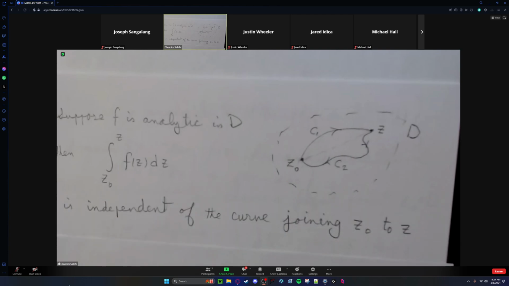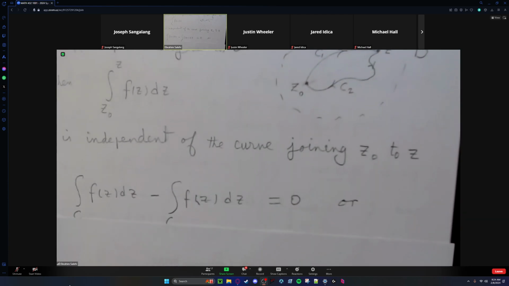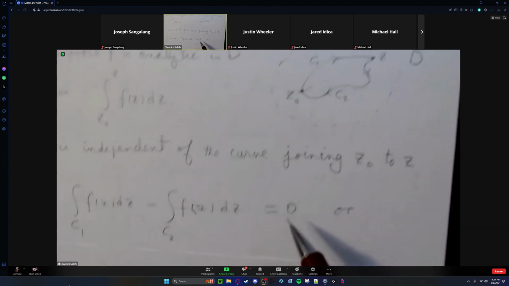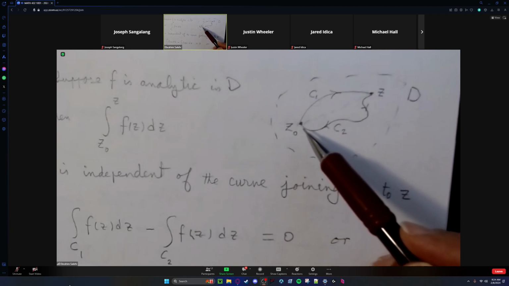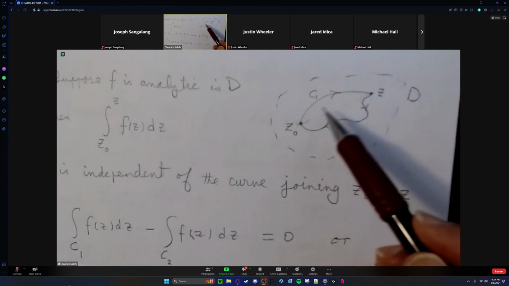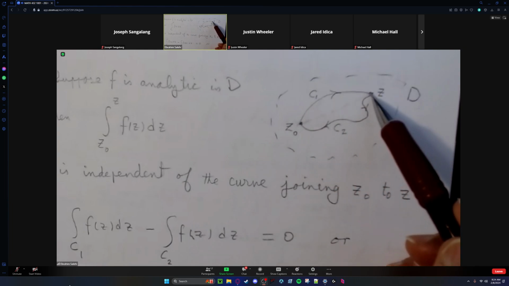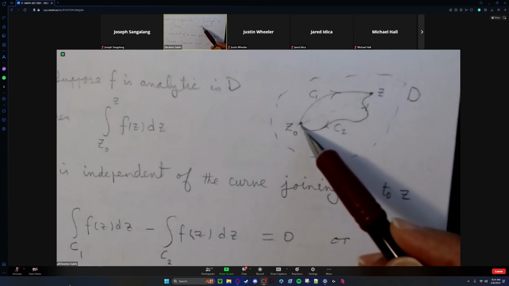But when you go from z0 to z in this direction, and then come back, the integral will be 0.